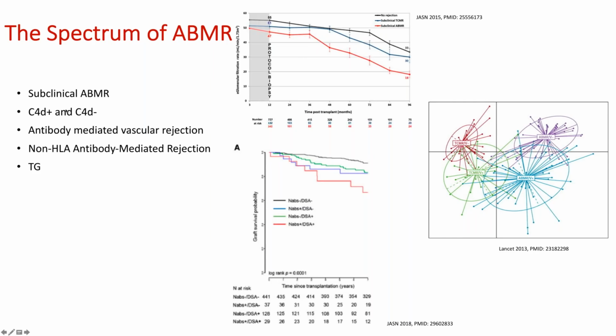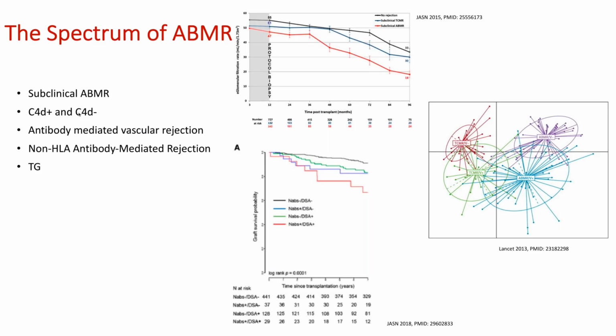So that's one. And then the second spectrum is, like we discussed in the previous Banff definition, C4D positive and C4D negative. Now, all major studies have shown that when we look at a series of patients with transplant glomerulopathy, only a small proportion of them, about a quarter to a third, have C4D positivity. What happens to the others? Can we say that it is not due to antibodies just because C4D is not there?